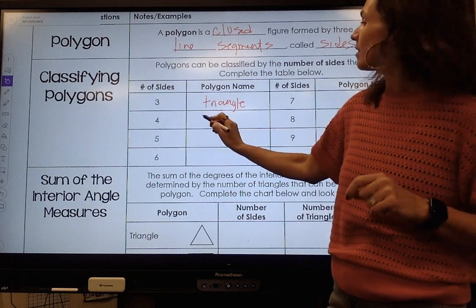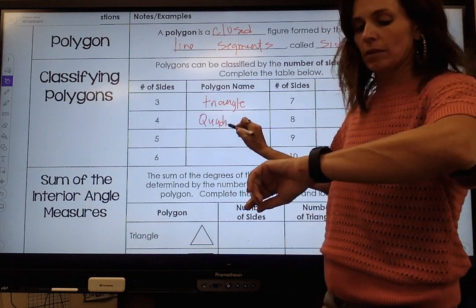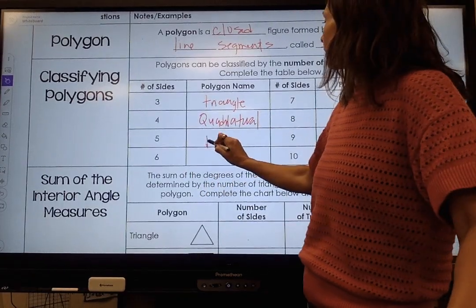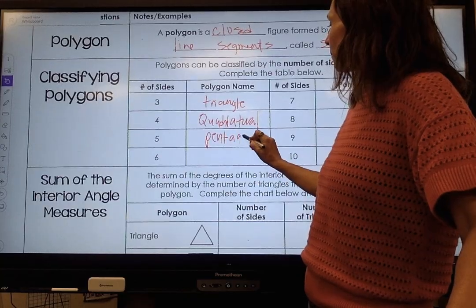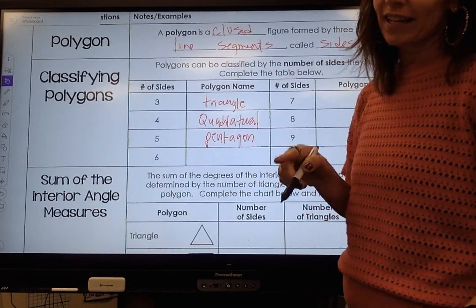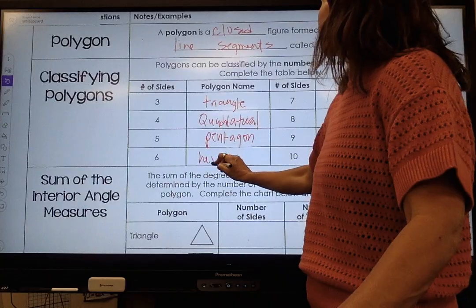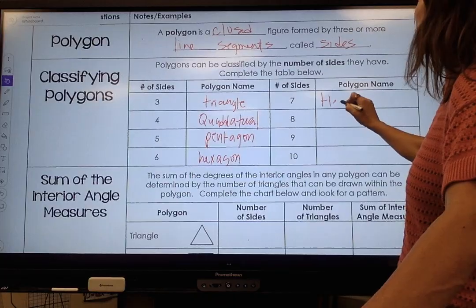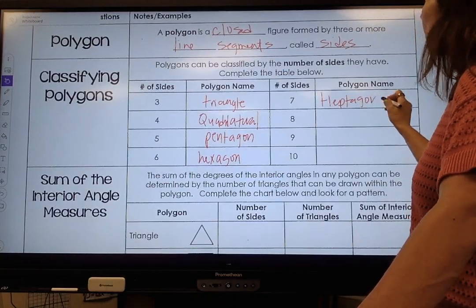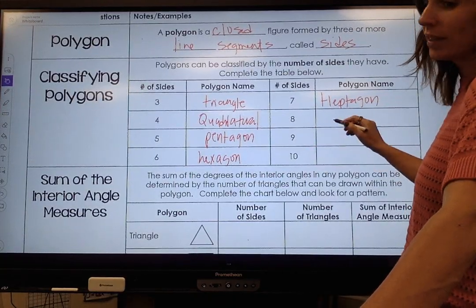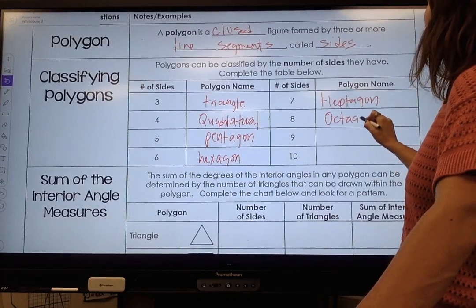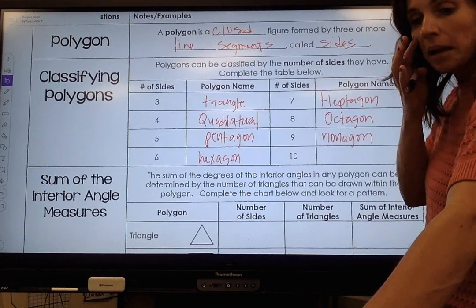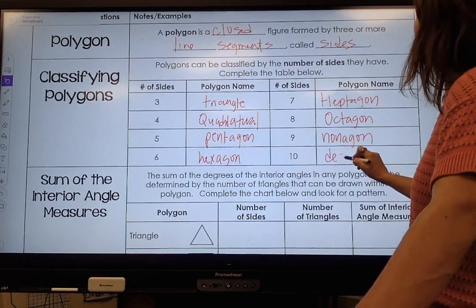And we already know 4 sides is a quadrilateral. 5 sides is a pentagon. 6 sides is a hexagon. 7 sides is a heptagon. 8 sides is an octagon. 9 sides is a nonagon. And 10 sides is a decagon.